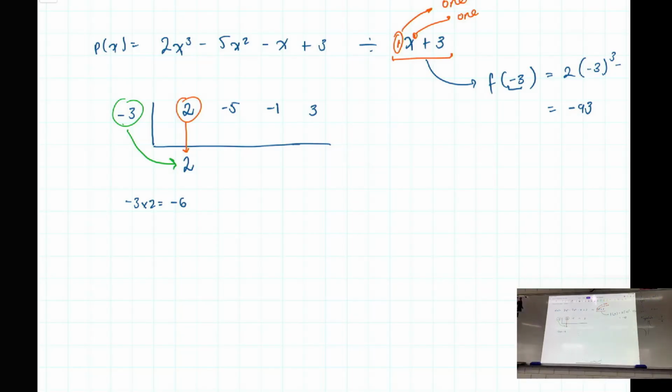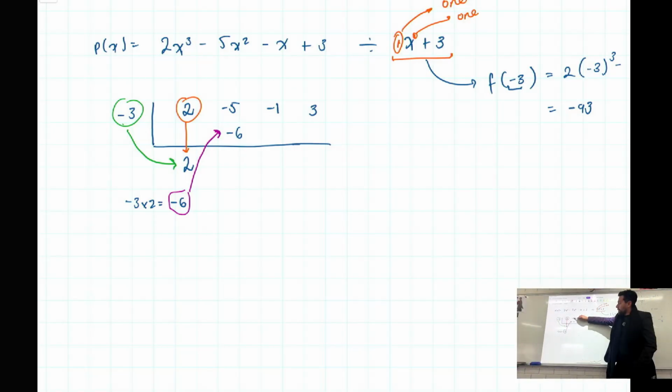And I'm going to collect this -6 and place it here. Now I'm not going to drag these minus 6, I'm going to add these two numbers. Technically, what I'm doing here is an addition. Minus 6 minus 5, minus 11.